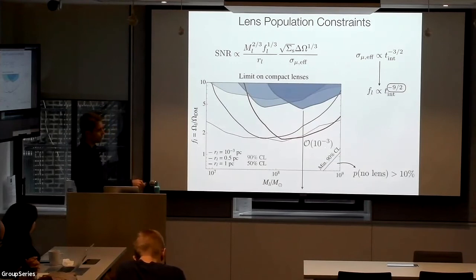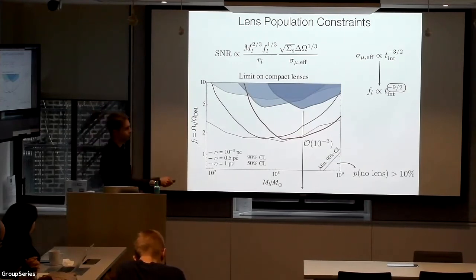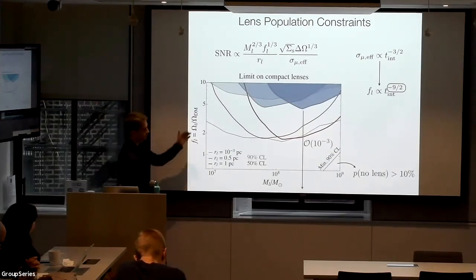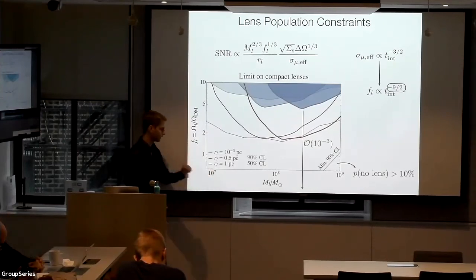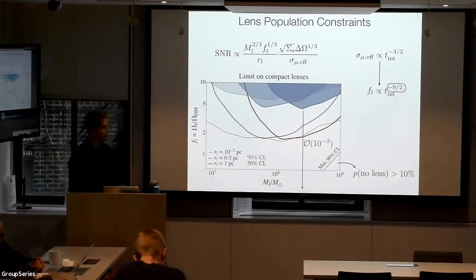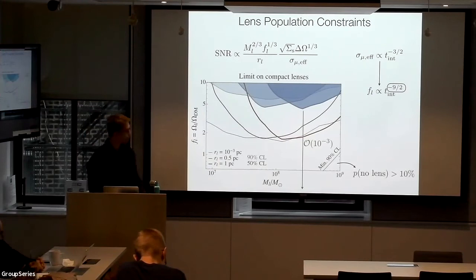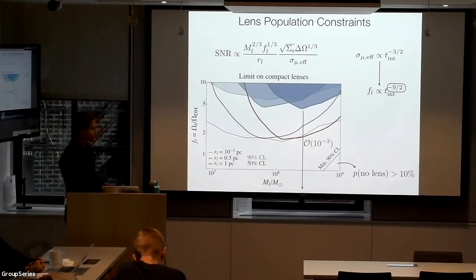And by the end of the Gaia mission, all of these curves should shift down by a factor of 1,000, or let's say by a factor of 100, but then we're also sensitive to more extended lenses like 10 parsec and larger. So in the future, these constraints will be very meaningful.